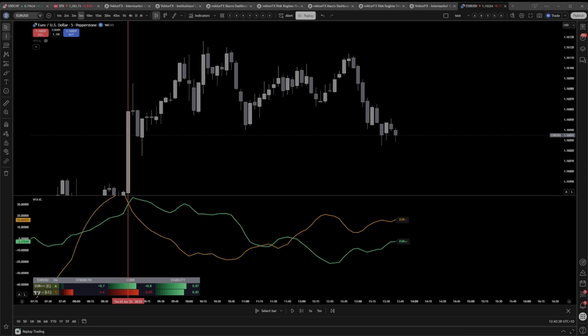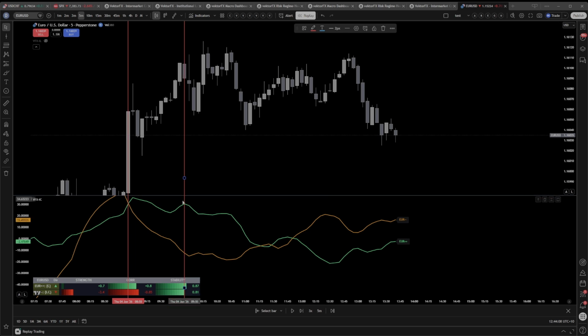So what I'm going to do is mark some red lines here where I see convergences and divergences. All right, so this is a divergence. As you can see, the euro is coming down, but the US dollar is coming down at a quicker rate, and that accelerates. So the net result is, because the US dollar is coming down quicker, or is diverging, price goes up.